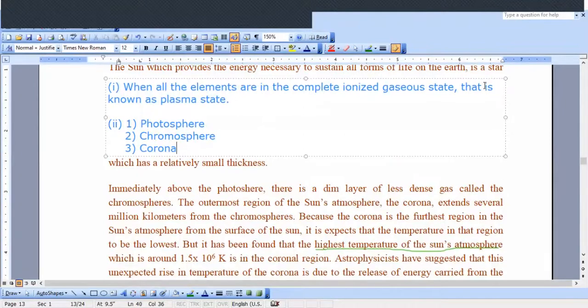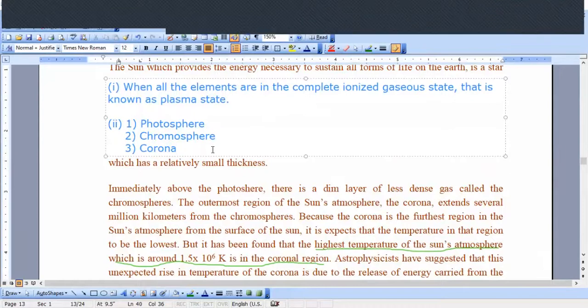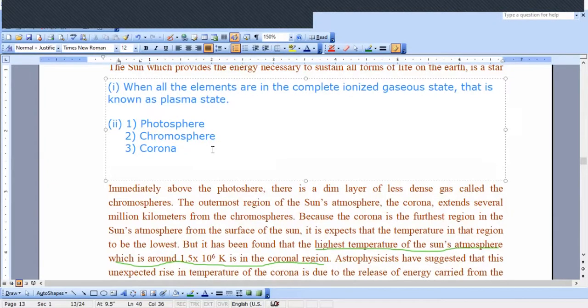Thank you, Dasnika. It has been found that the highest temperature of the sun's atmosphere, which is around 1.5 into 10 to the power 6 Kelvin, is in the coronal region. It means the highest temperature is there in the corona region.